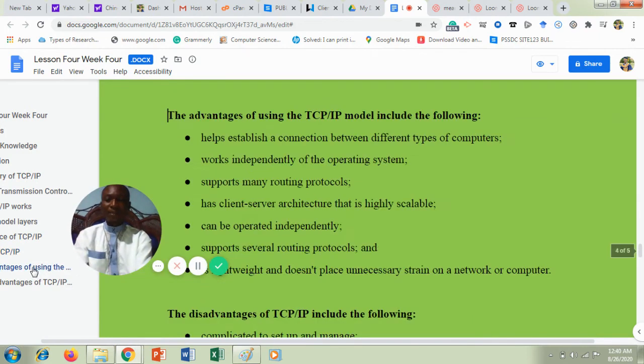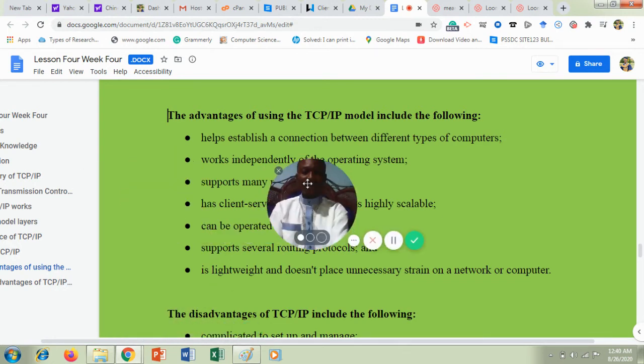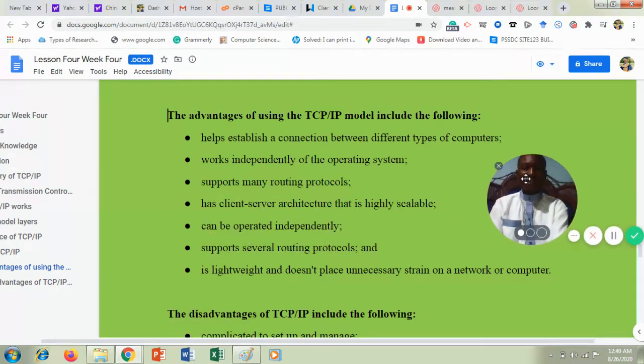Now, what are the advantages of TCP/IP? There are seven of them listed here. It helps in connection between different types of computers. It works independently, and different routing protocols support it.